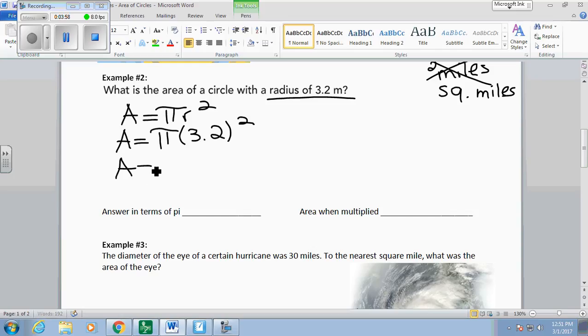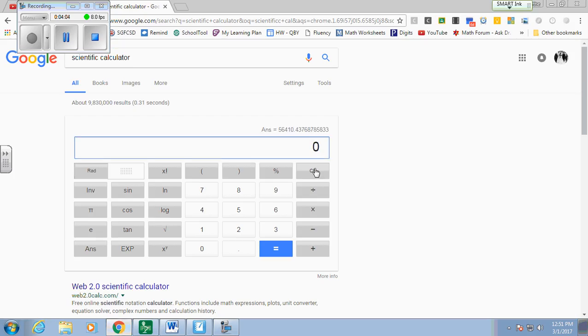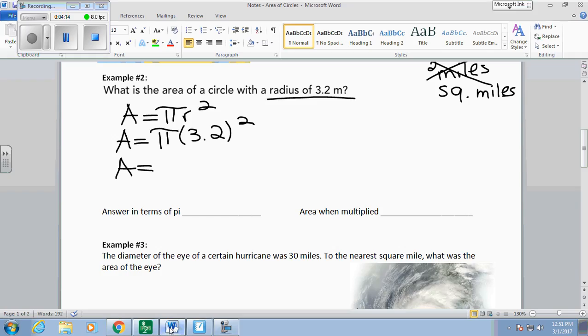So our answer in terms of pi will just be what 3 2/10 squared is, which here, 3 2/10 times 3 2/10. Oh wow, I'm on fire today. Equals 10 24 hundredths. So 10 24 hundredths pi would be your answer in terms of pi.